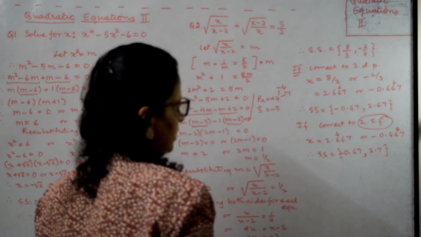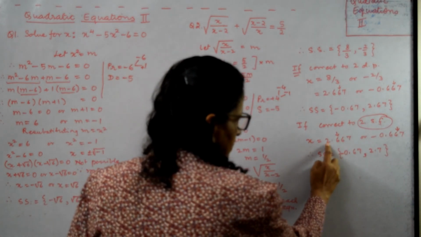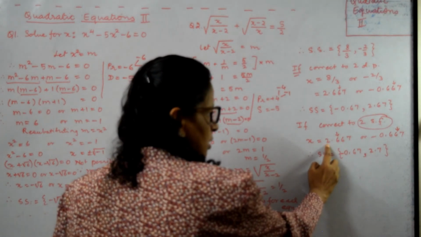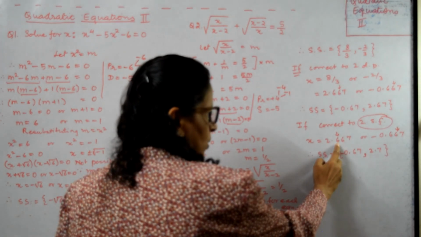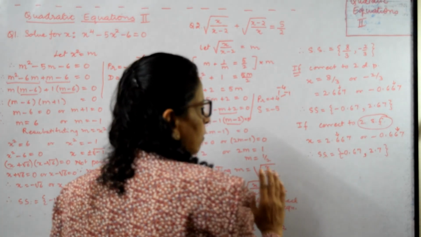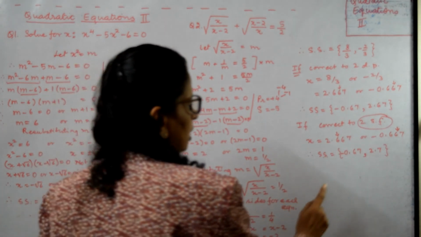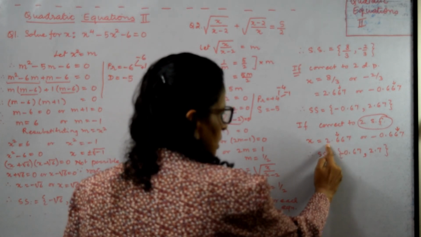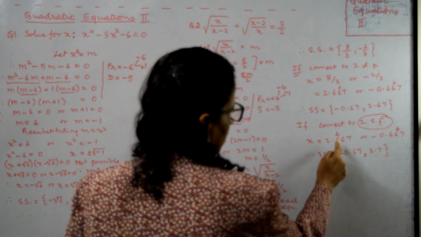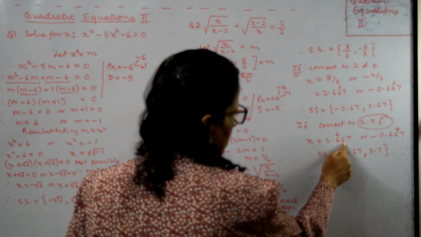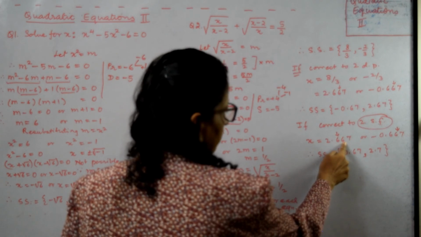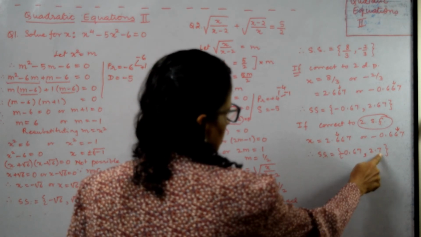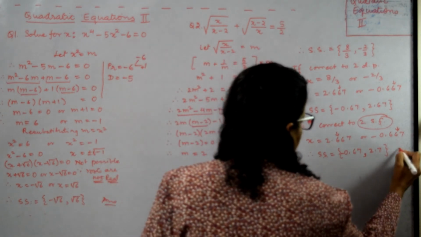Two significant figures means this is significant, this also is a significant figure because this is a non-zero digit, this is also a non-zero digit, and all non-zero digits are significant. So you round off to one decimal place, which is giving me two significant figures, and then you round off looking at the next digit. This is more than 5 and this therefore becomes 7 as the next digit. So this is our answer.